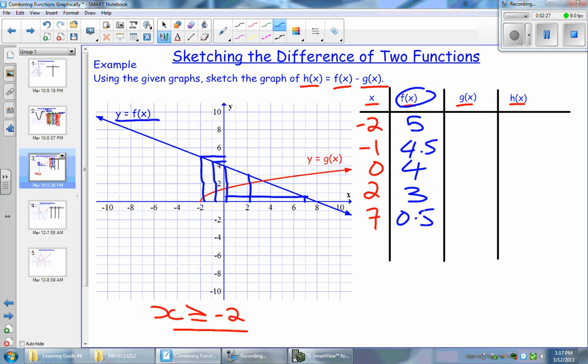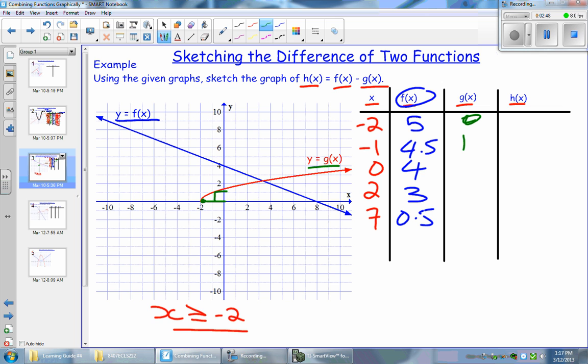Okay, so I'm going to erase this here. Now we're going to pick y values on the graph of y is equal to g of x. So we're looking at this red curve. At -2, it looks like my y value is going to be 0. At -1, my y value is about 1.